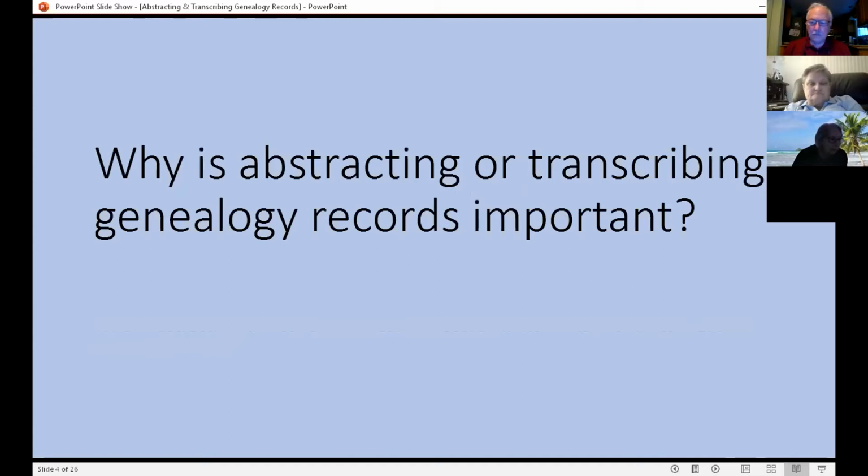Any sorts of records that we usually use when we're doing genealogy research are very important, because there may be indexes to these types of records that only give you an index to, say, the decedent's name, or the person handling the estate, the administrator, or the grantee and the grantor. But there may be other people's names within these documents that are not indexed. And that's why it's very beneficial to abstract or transcribe this information.